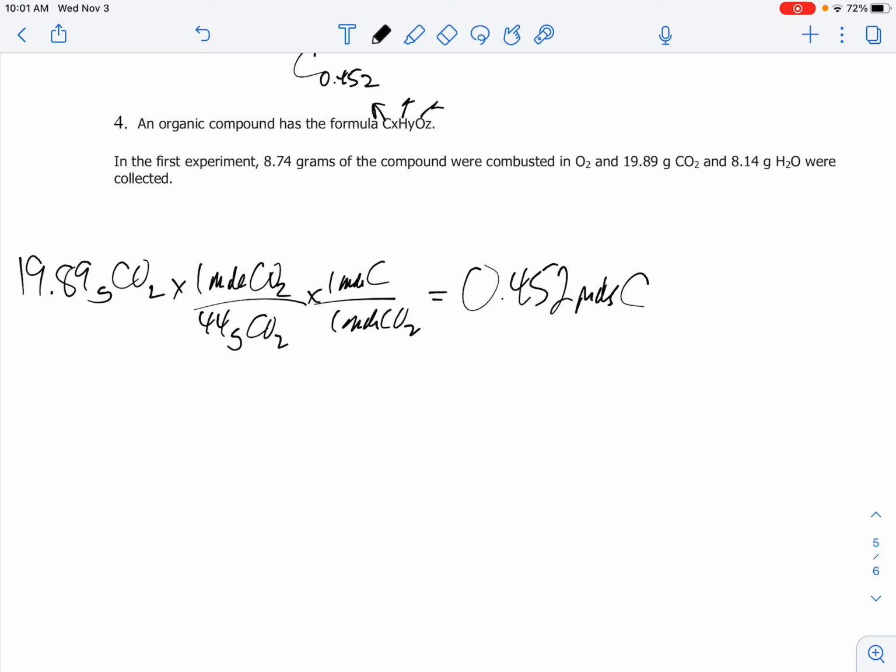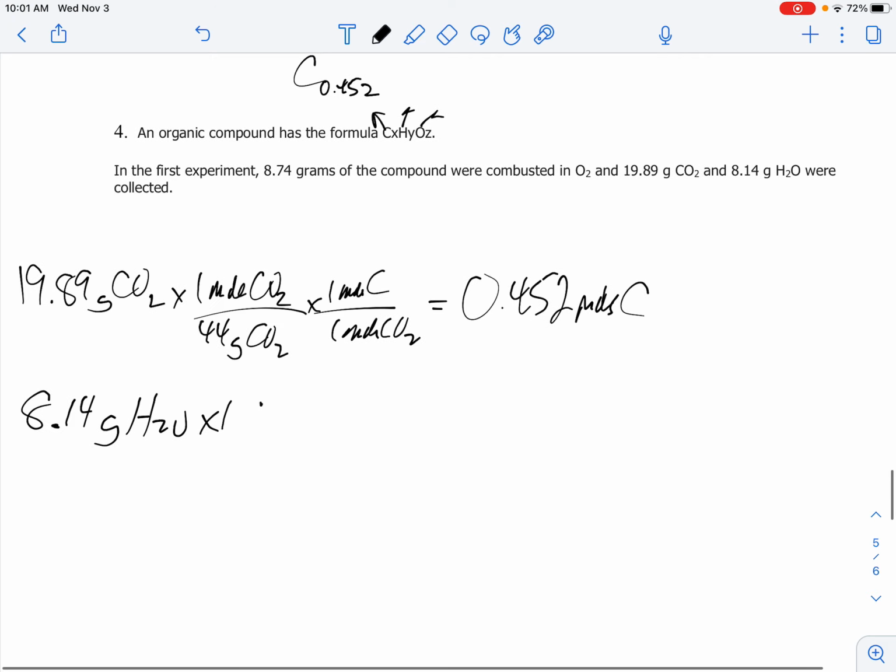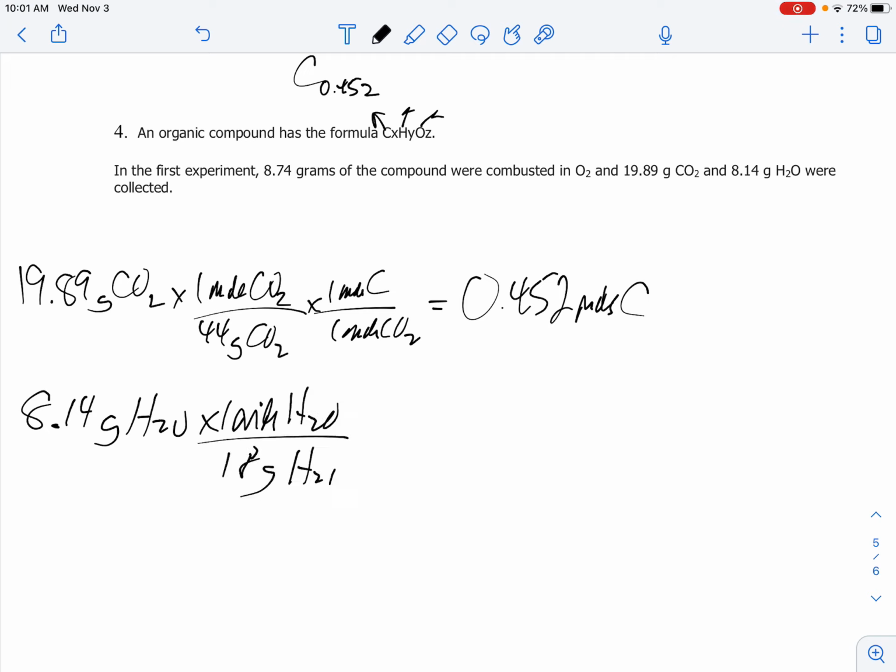Now I'm going to do the same thing with the water. I have 8.14 grams of water at 1 mole of water per 18 grams of water, and then 2 moles of hydrogen for every 1 mole of water.